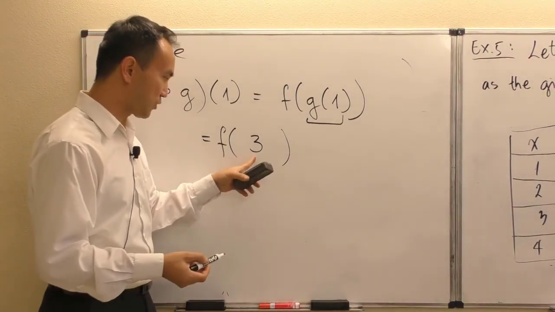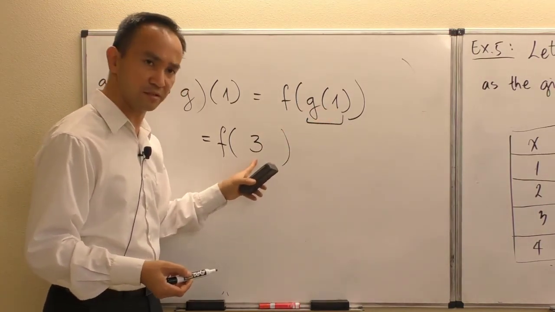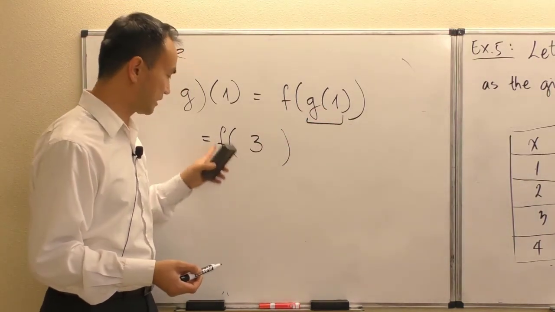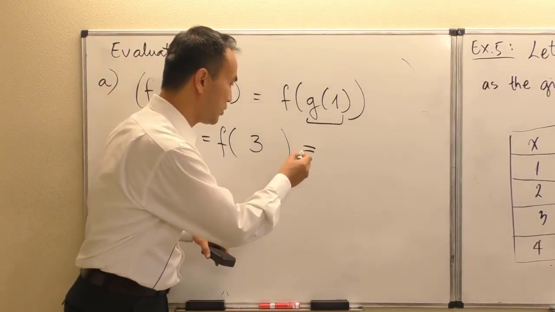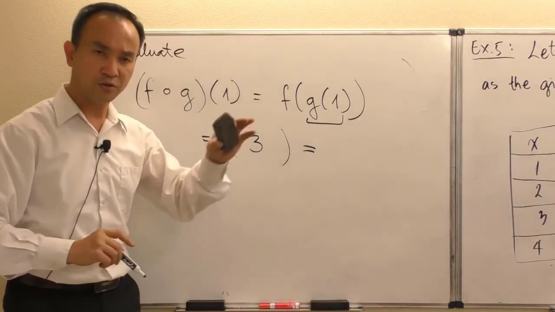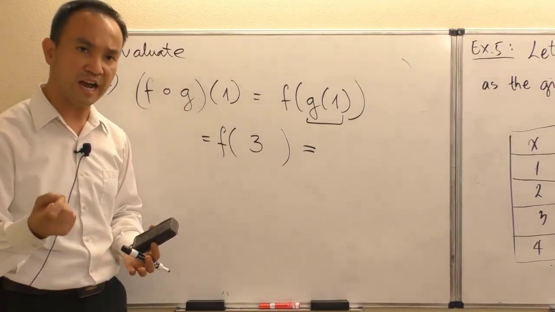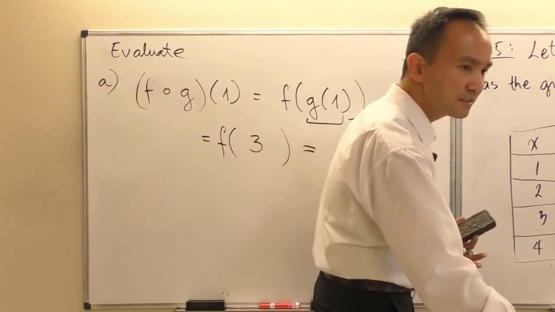Now 3, which was the output of g of 1, is playing the role of the input for our function f. So I'm going to use a table again, but this time the table for the function f, to determine the output value.